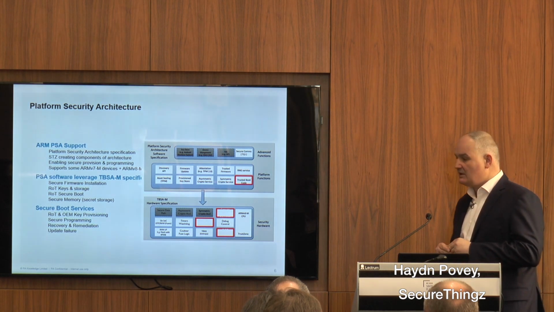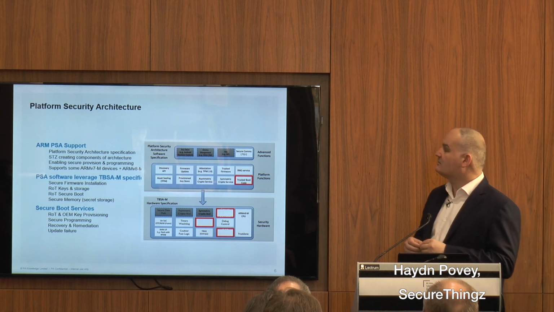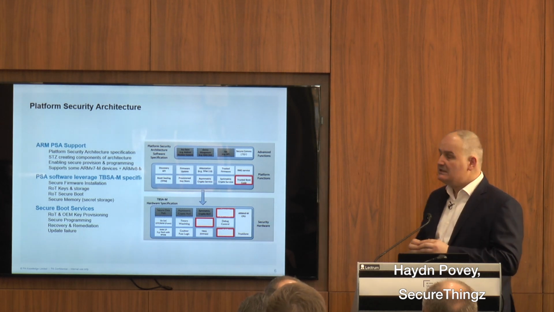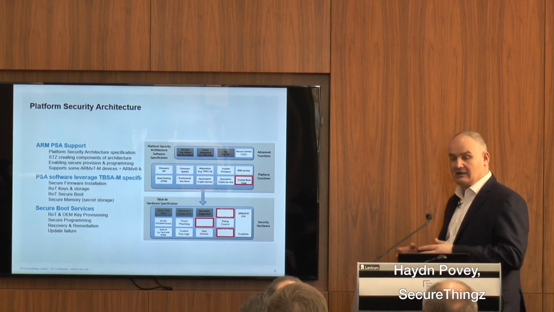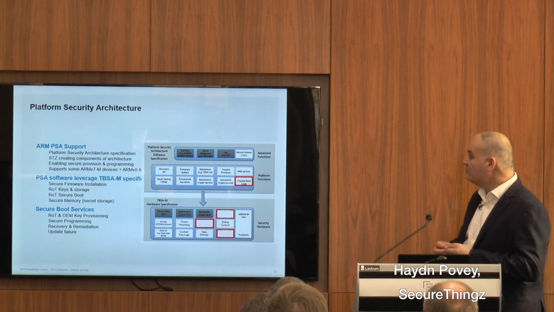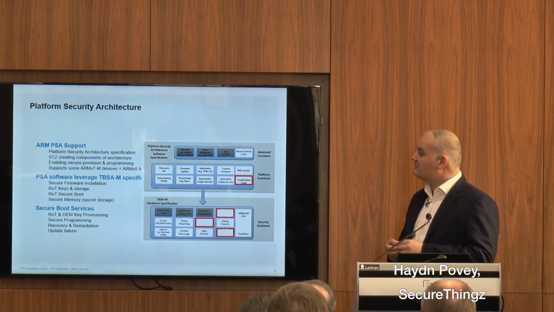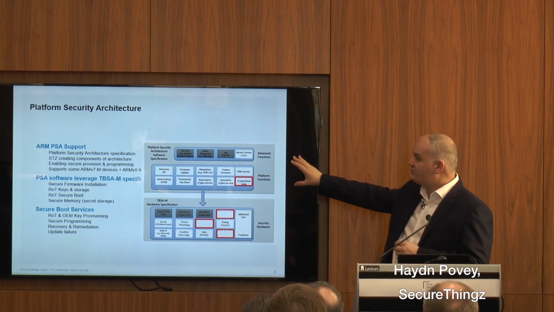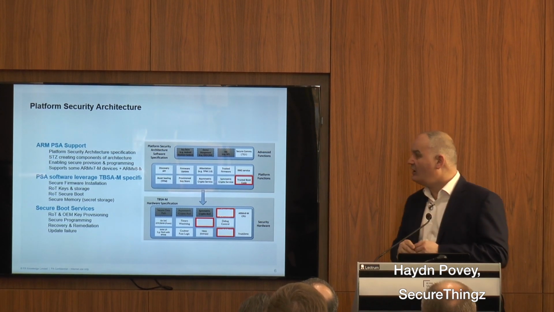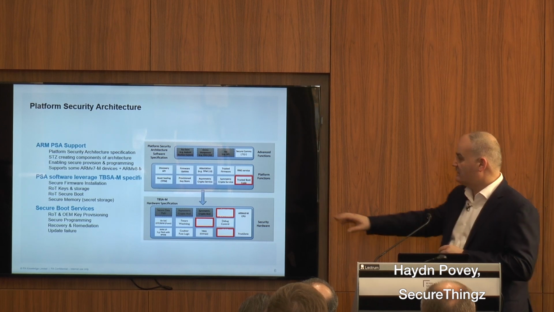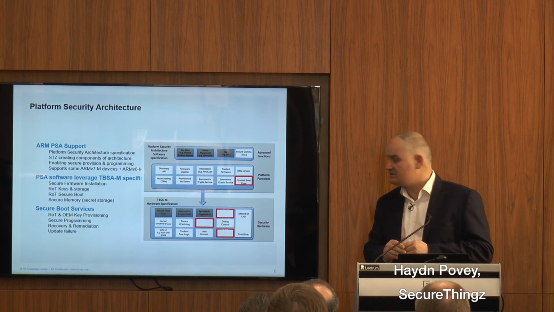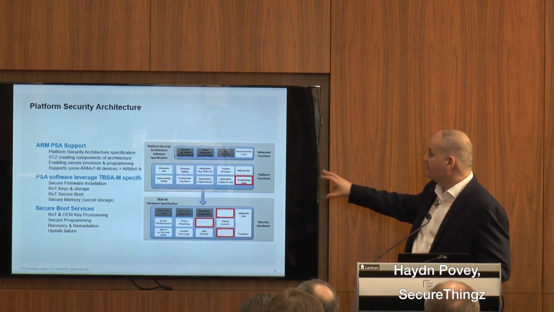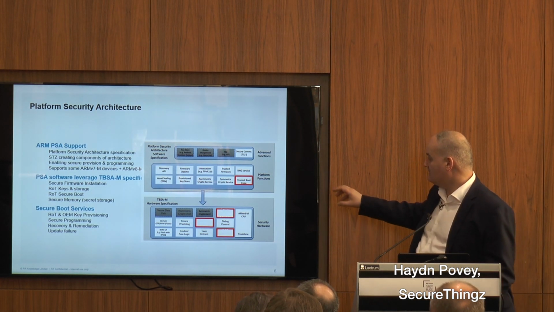One of the other requirements coming through to support this is the ARM platform security architecture. This is not to say this is the only one out there, but it is an important one. The PSA is based around having software structures as well as hardware, leveraging what was called the TBSA-M, the Trusted Base System Architecture. So we see a number of standard components starting to come in here.